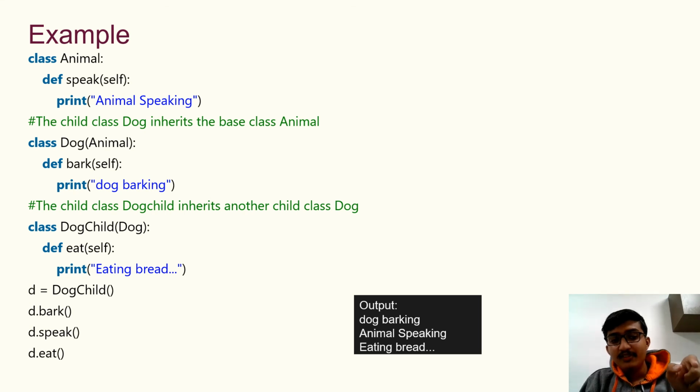By using it we are calling the functions present in both classes. We have called the function inside the dog class by using the object of dog child. We have also called the function inside the animal class by using the object of dog child. That is possible because of multi-level inheritance.